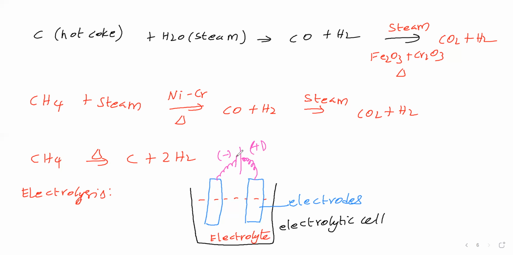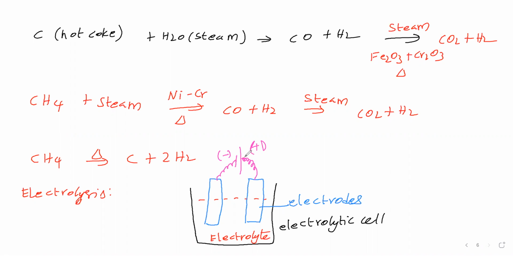From the negative plate, electrons go to this electrode, then to the electrolyte, then from the electrolyte electrons come to the other electrode. From the electrode, the electrons travel through this wire and reach the positive plate.